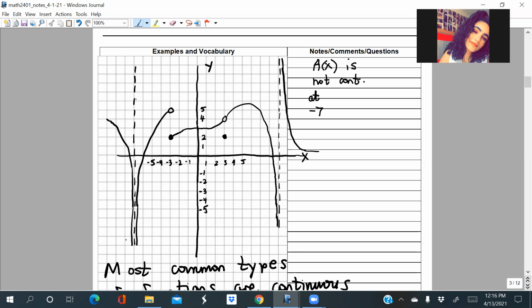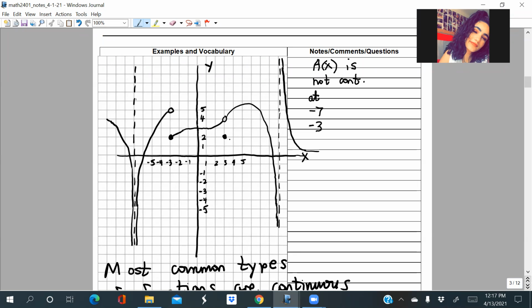And then where else now? What's the next one, as we're going from left to right here? -3. Yeah, -3, clearly. You've got a break here at -3, correct? And then where's the next one?